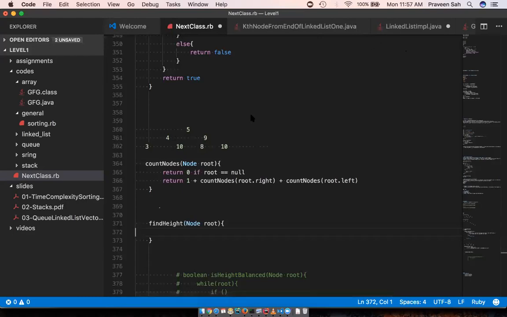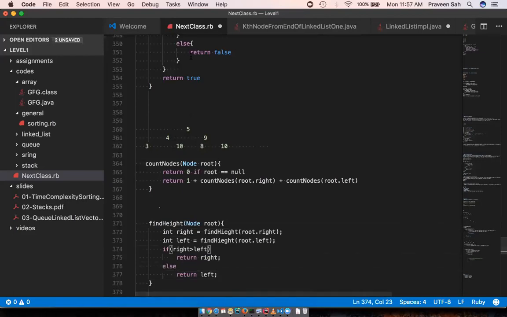Okay, so let me copy and paste what Santosh had written. Everyone can see this.